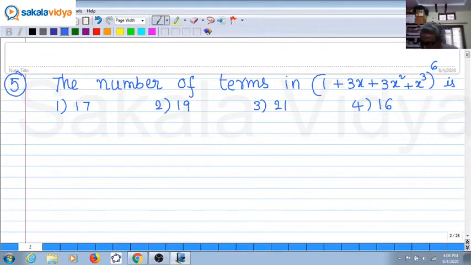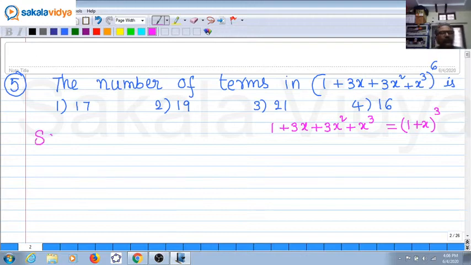Okay, right, the number of terms in (1 plus 3x plus 3x square plus x cube) to the power of 6 is: here see, first we need to find out this 1 plus 3x plus 3x square plus x cube is equal to (1 plus x) whole cube. (1 plus x) whole cube expansion is this one now, so that we can write (1 plus 3x plus 3x square plus x cube) whole to the power of 6 as ((1 plus x) whole cube) raised to 6.